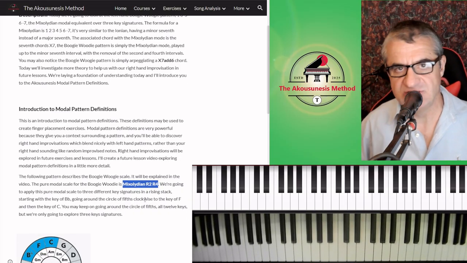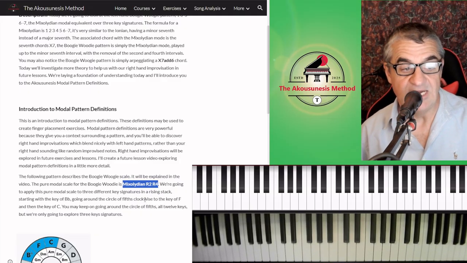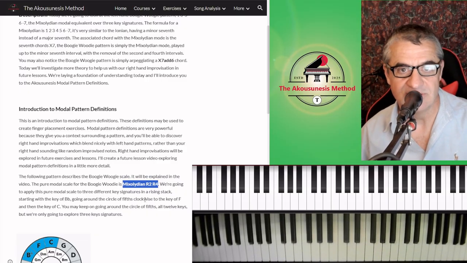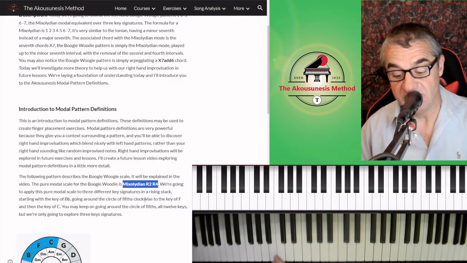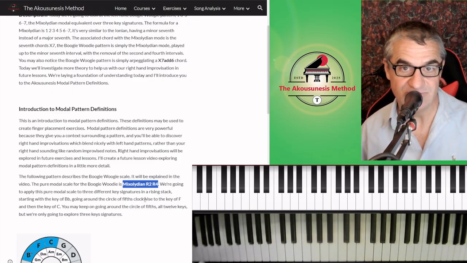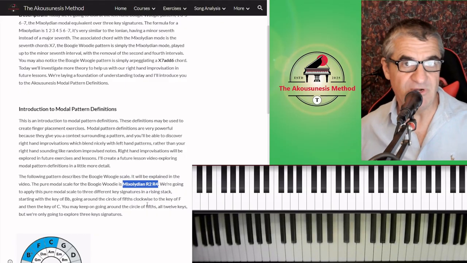So that's the information we need. And now, because we know it's a mixolydian with a removed 2 and 4, we can apply that to any note we want. We've got 12 notes in an octave we can apply that to, but we're not going to do it to 12.